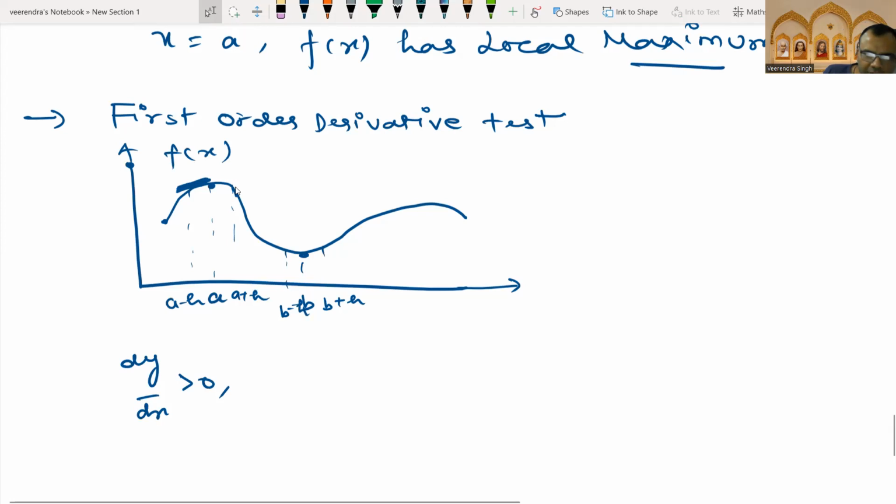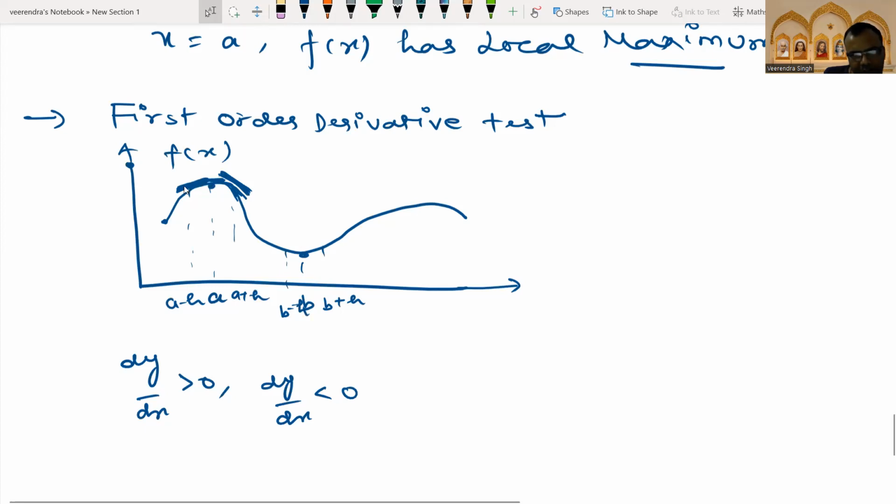Now, from A to A plus h, the values of the function are decreasing, so the slope is negative.